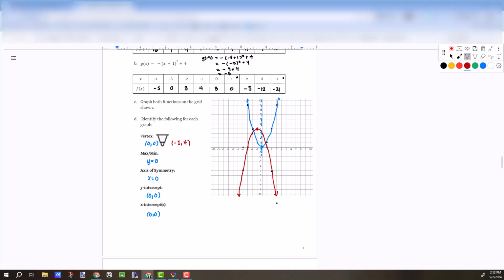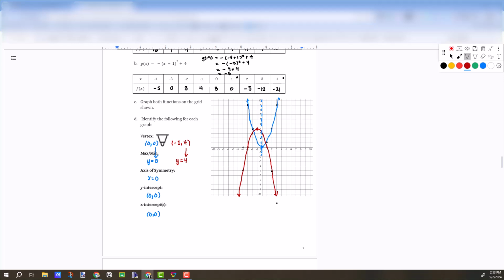Well, what does that mean about the min or max? Well, because it's opening down, it has a maximum point, and the maximum point is y equals 4. And, check it out. What is going on right here? What does that tell us about the vertex? Keep that little fact in your pocket.